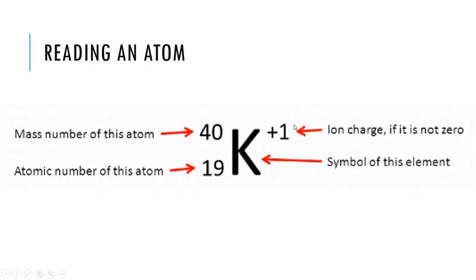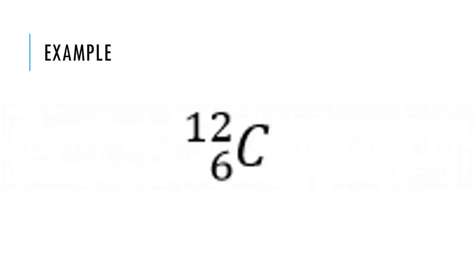All right, let's take a look at some other examples. Here we have C for carbon. We have no charge. If there's nothing here, we have no charge. Our atomic number down here is our number of protons, so we have 6 protons. Our mass is 12, and 12 minus 6 gives us 6, so we have 6 neutrons.